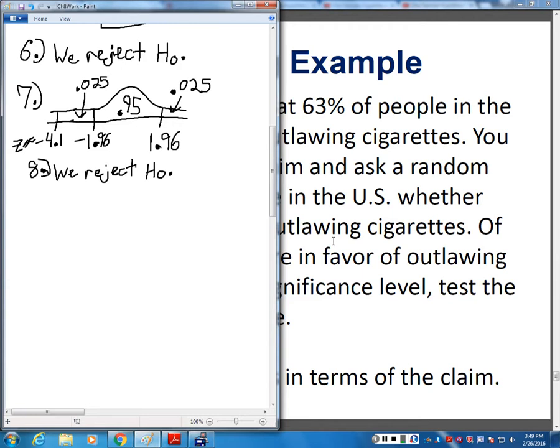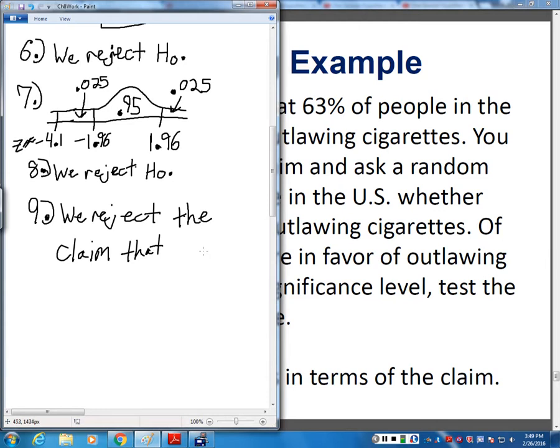So to interpret that, we would say that we reject the claim, and now put it into the context of the original problem.